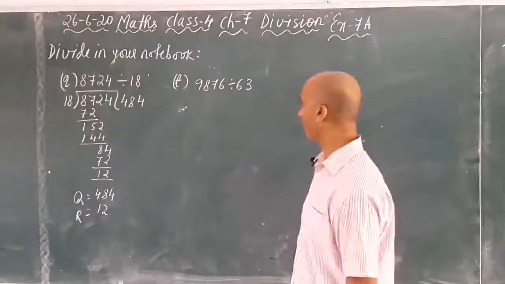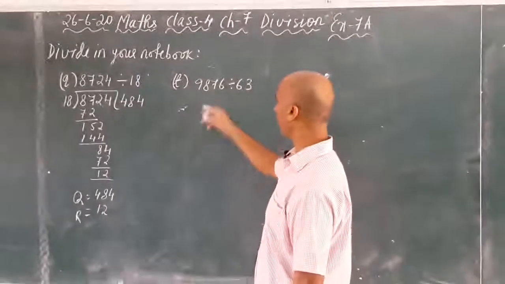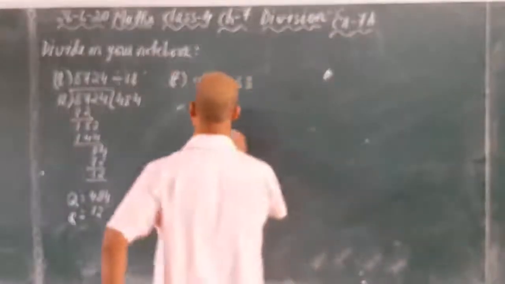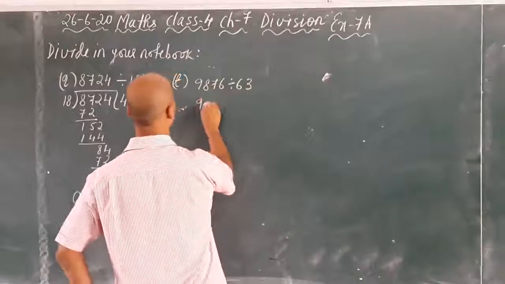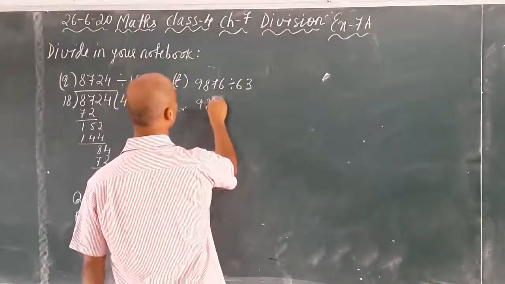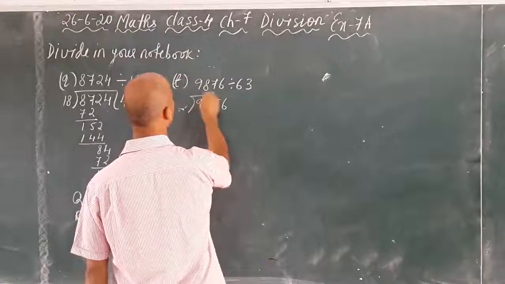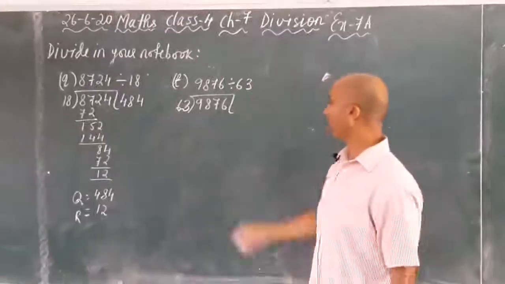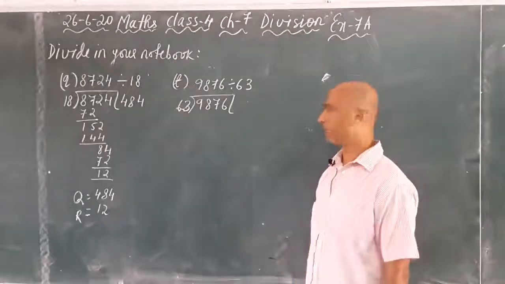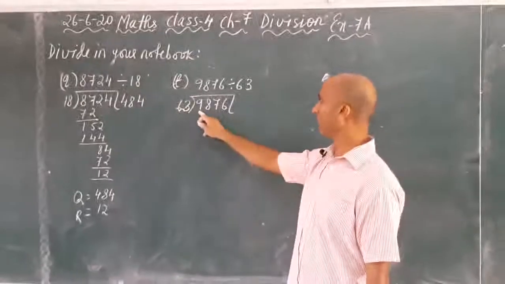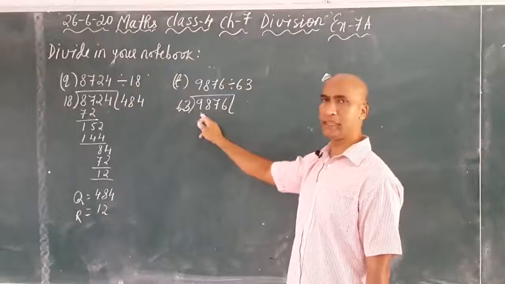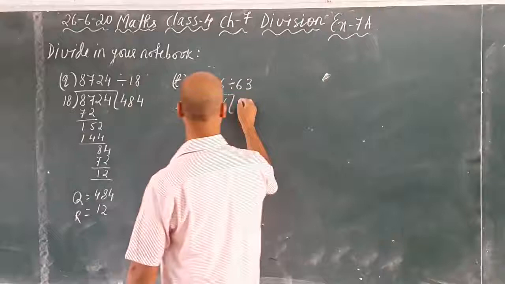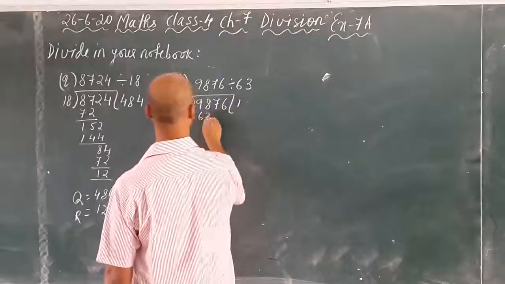Okay, now the next question is 9876 divided by 63. First, the first 2 digits 9 and 8, 98 can be divided by 63 because this is greater. So it will go 1 time, 63.